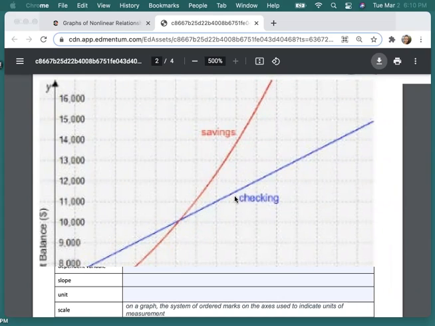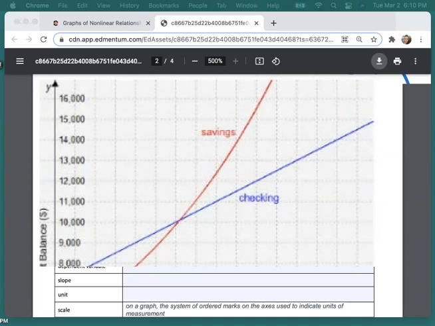So I'm looking at this graph, and the blue line is a checking account. This blue line, the checking account, is a linear function. It has a slope to it. I can see it's a straight line. It goes up 1 over 2, up 1 over 2. So this is a line.